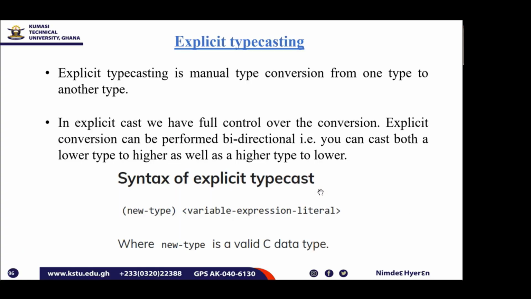Then we have the explicit, which is the manual conversion from one type to another type. Here we have full control over the conversion. So when you look at the syntax, you have the new type and then the variable, expression or literal, where the new type must be a valid C data type.